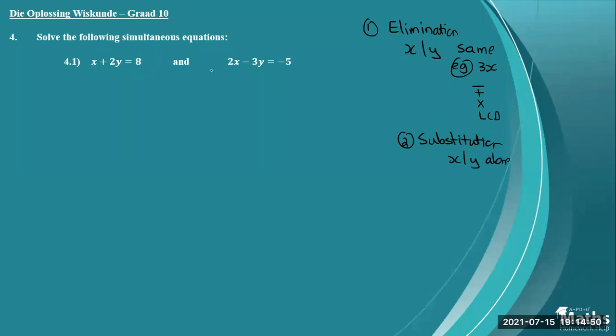So if I must look at these two, it seems that I can get my x alone. And the way that I do simultaneous equations, I like to work on the left side with one equation and on the right side with the other equation. Some teachers, or most of them, just work on the one side.